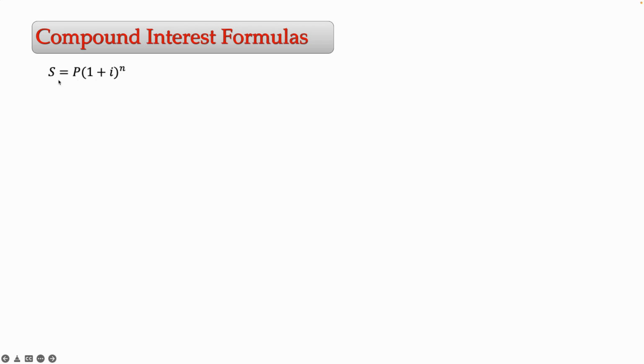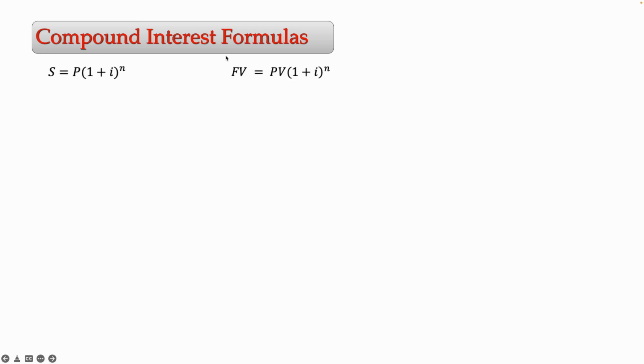This is the formula to compute the future value. S equals the principal, the amount of money that is deposited at the beginning, multiplied by (1 plus i) to the power n. N is the total number of periods, and this i is the interest per period of conversion.